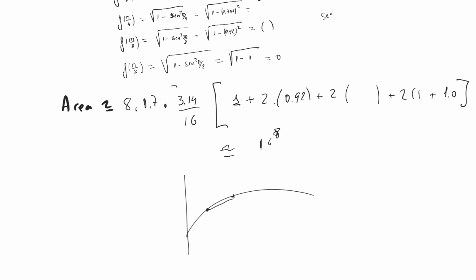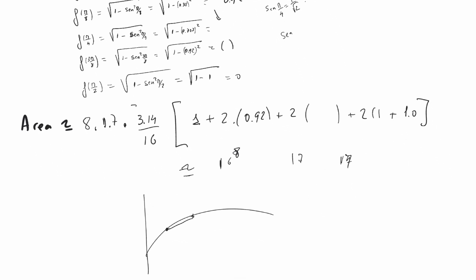If you divide in 8 parts, you will find maybe 17. You divide in 16 parts, you maybe find next to the real answer, which is, I don't remember, 17.47. Okay, it's your turn. Enjoy and do a good video.